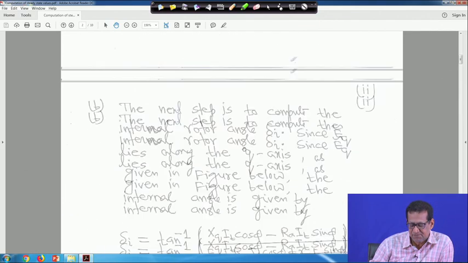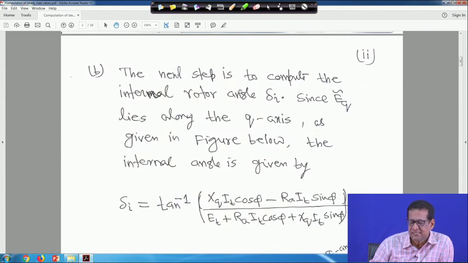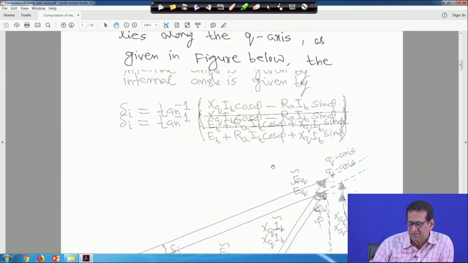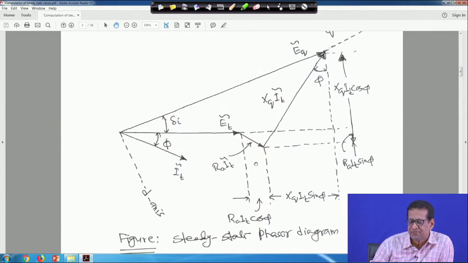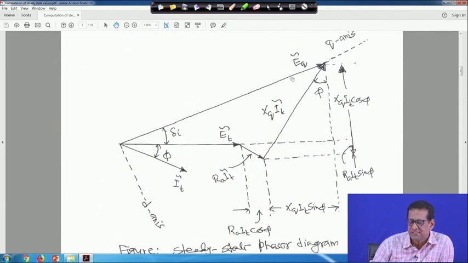Now the next step is to compute the internal rotor angle delta I. Since EQ tilde lies along the q axis, as we have seen earlier and as given in the figure below, the internal angle is given by this phasor diagram. This is my q axis.